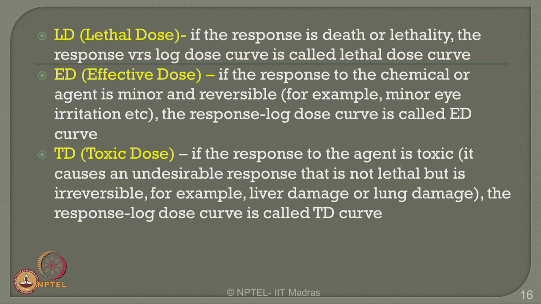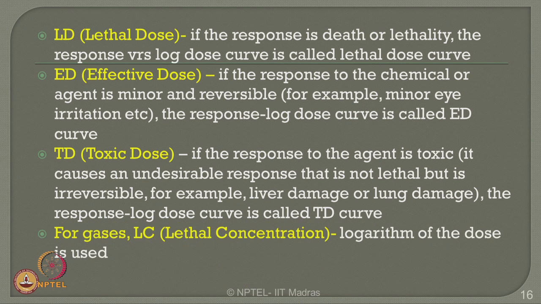The toxic dose is defined as the response to the agent if it causes an undesirable response that is not lethal but is irreversible. For example, it can result in liver damage, lung damage, etc. Then the corresponding response versus log dose curve is called the TD curve.